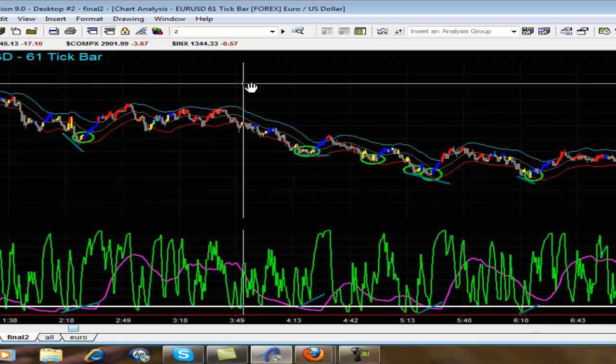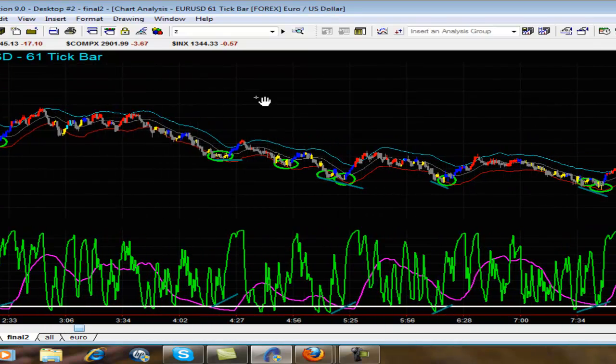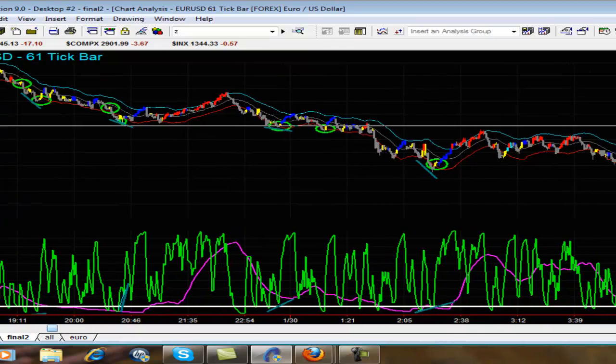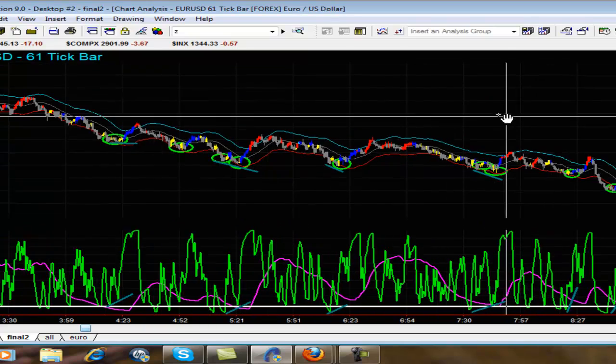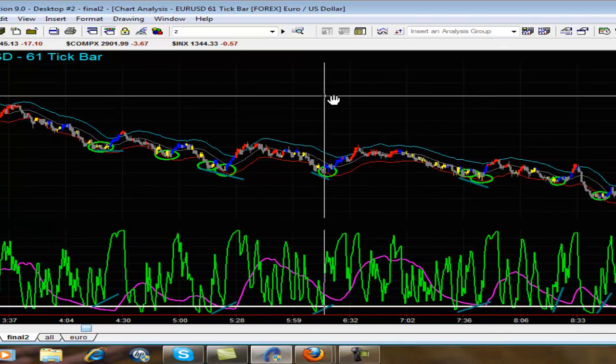Let's move down here again. You can see this was a long period of time in which we were just going further and further down here.